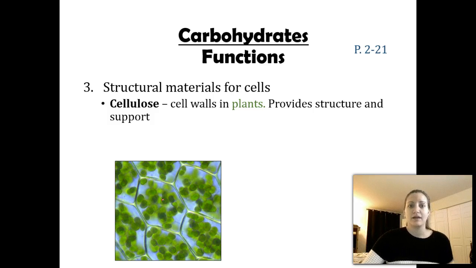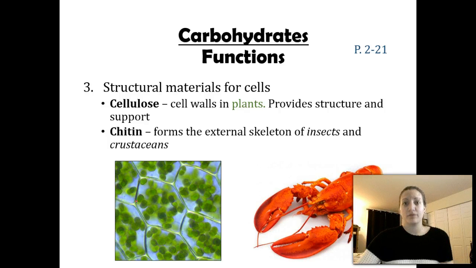So cellulose, again, a really huge polymer made up of glucose, is in all of these cell walls that I'm outlining here. It helps to give structure and support to the plant. And our cells don't have cell walls, but plants do.